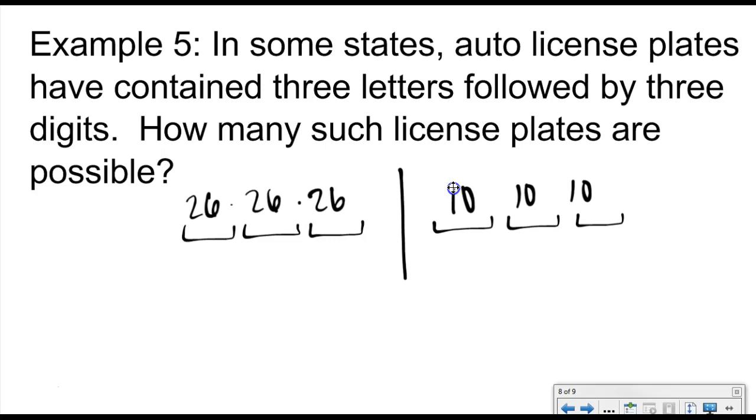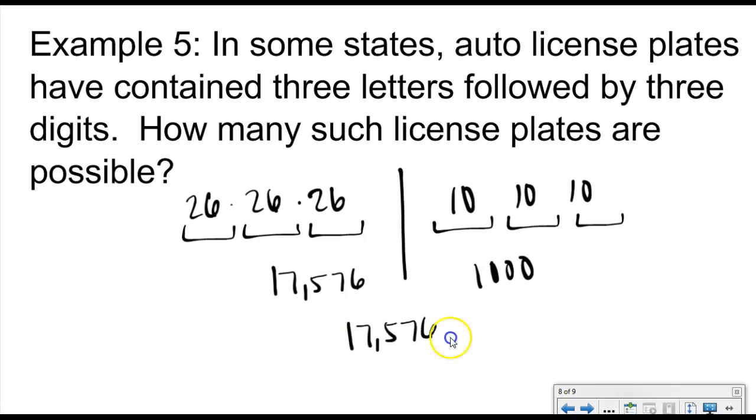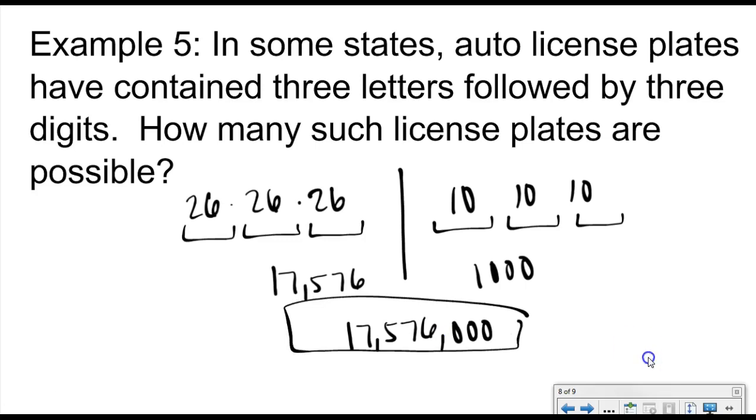So 26 times 26 times 26 is 17,576. This is 1,000. When I multiply those together, I get 17,576,000 ways. It's crazy to think that there's that many options for a license plate.